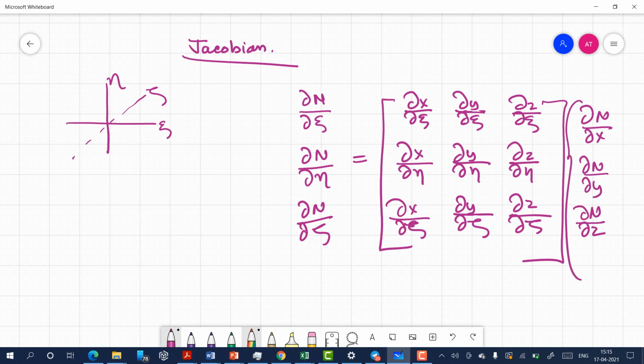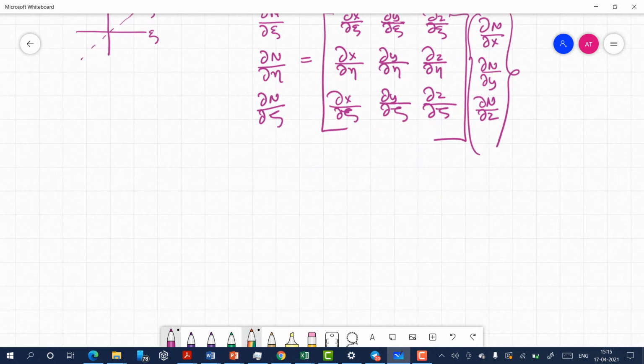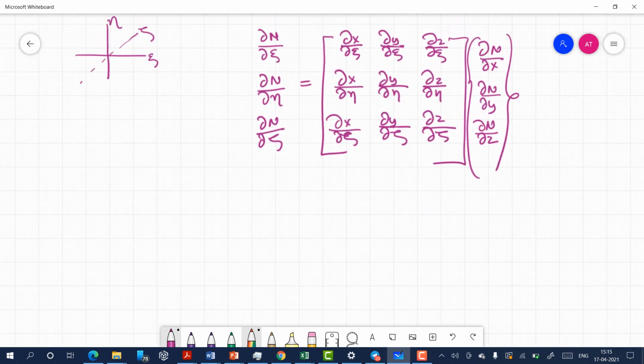This is not very difficult. I have just written it in the matrix form, but if you write it, you will see that it is actually not very difficult, because del n by del zeta will be simply this into that.